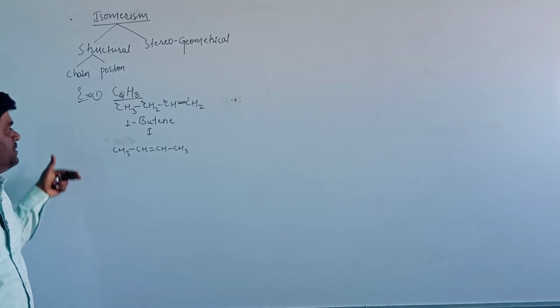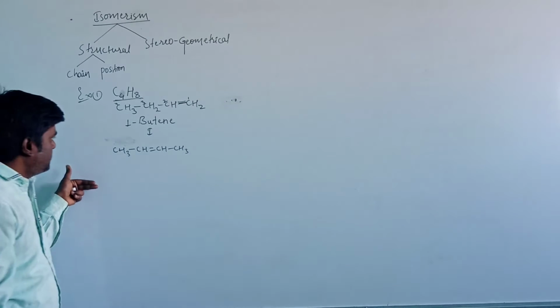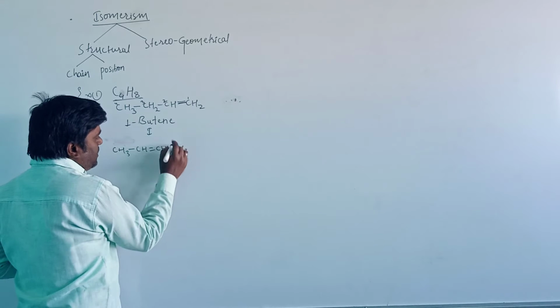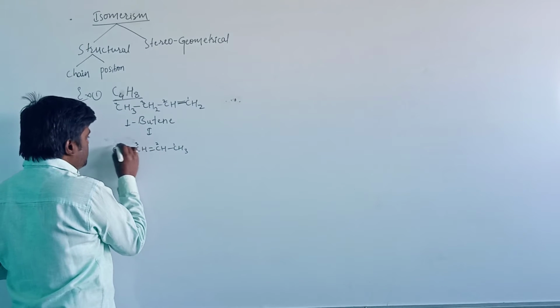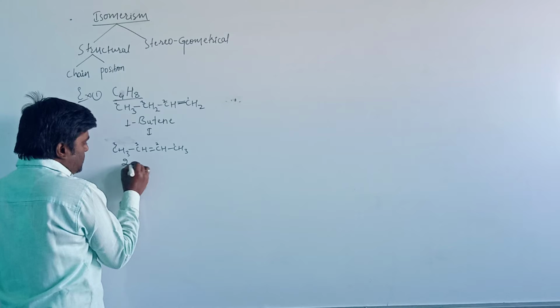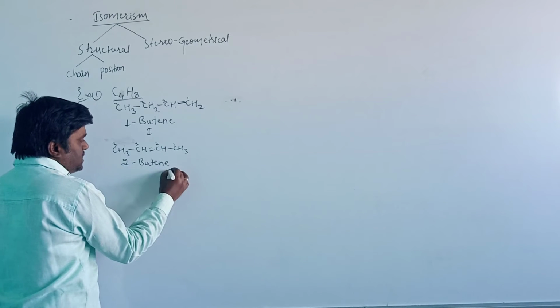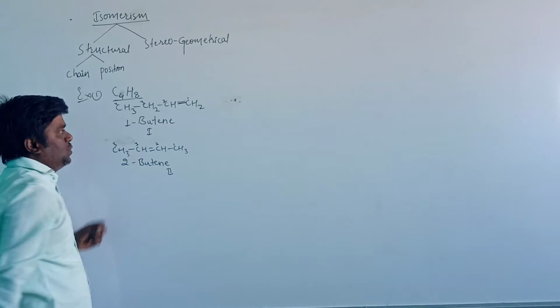Therefore, both have the same molecular formula. But when we observe, in the first the position of the double bond is 1, and here the position of the double bond is 2, therefore it is known as 2-butene. Consider this as structure 2.